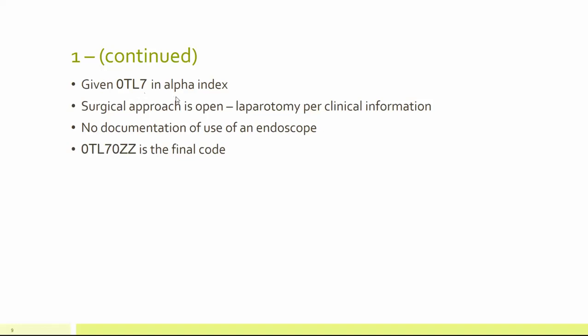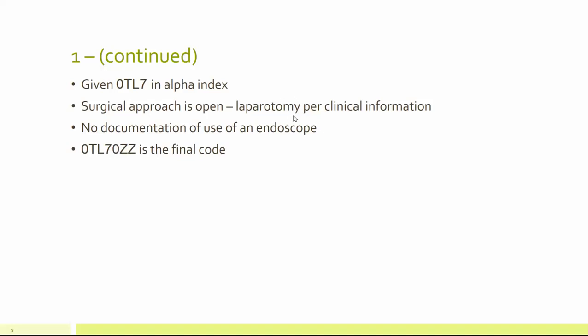0TL7 in the alpha index. You move to the 0TL table, where you have the body part value, which is 7. Then you have to determine the surgical approach. In the clinical information, it said it was done via exploratory laparotomy. Otomy, O-T-O-M-Y, equates to an open incision.